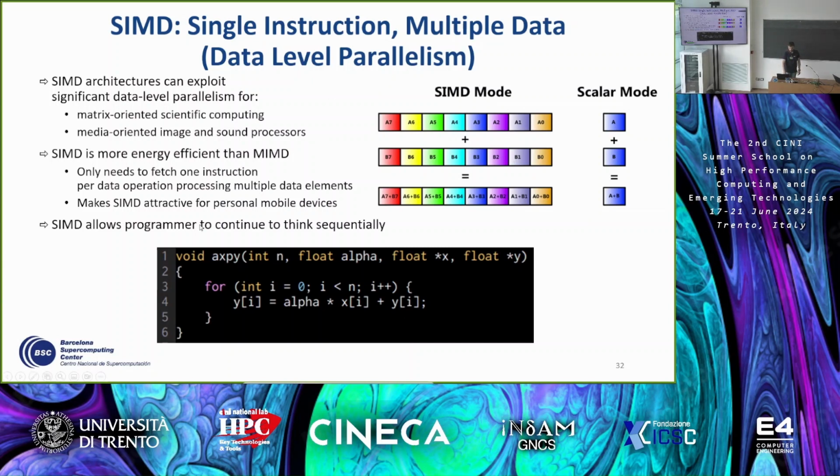Here I have the black box, which is not really readable. Can you read it? Yes, good. So how many know about this in RISC-V? It's the most basic function that you can have operating on a vector, right? You are doing a constant multiplied by a vector x plus the vector y, and you store it back to the vector y. That's basically what we call the algebra kernel.